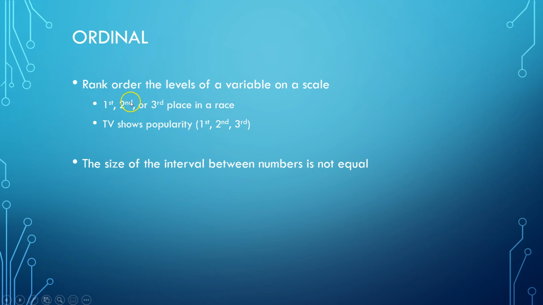All you know with ordinal rankings is that the first place person came in first, the second place person came in second, and the third place person came in third, but you don't know anything about the distance between these numbers. So the size of the interval between the numbers is not equal, and we can't really do math with these numbers. We're really limited in the type of statistics we can do.